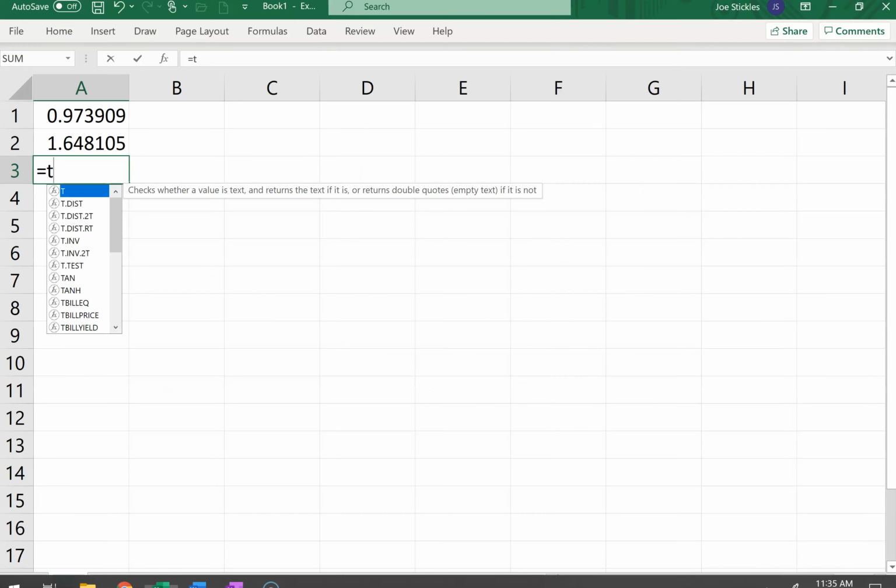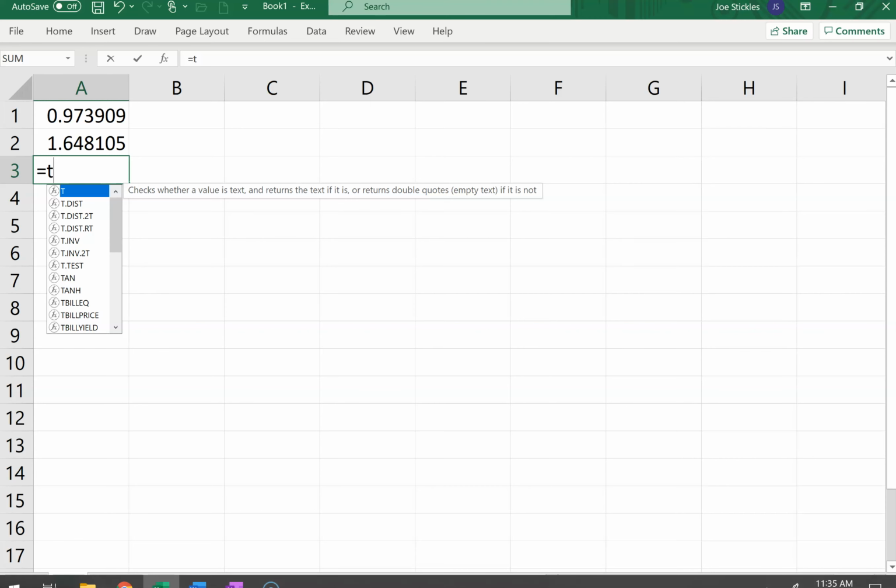So go back over to Excel. There's a couple of ways that we can do that. It's these two here, the T.INV or the T.INV.2T. And you have to make a decision on which one you want. So think about why it might be called 2T.